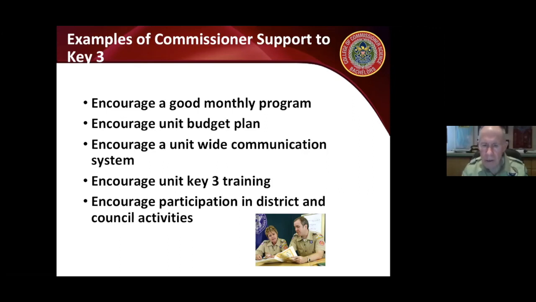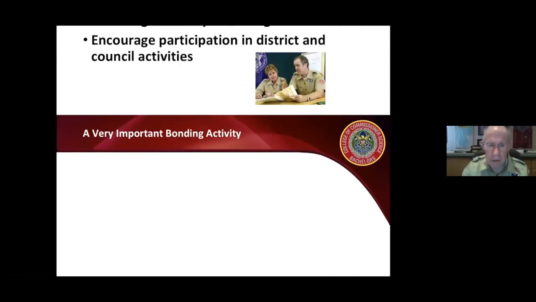And so we need to encourage participation in these district and council activities or events.